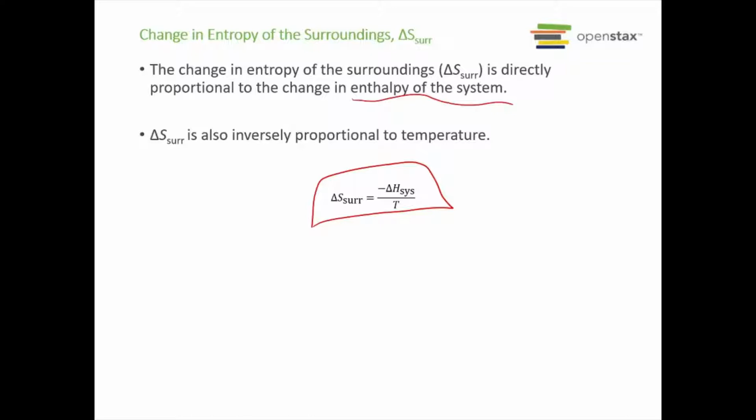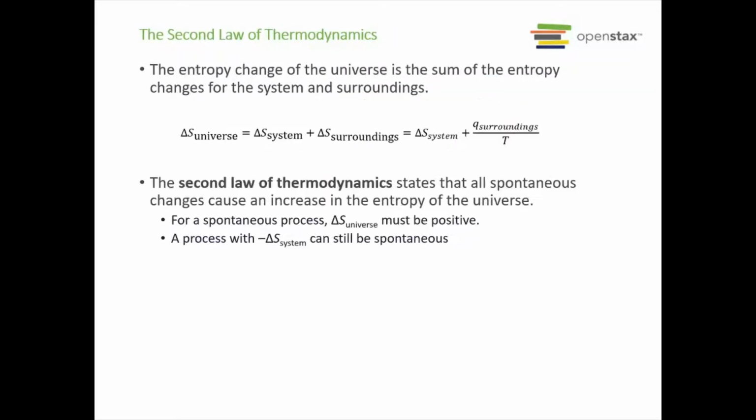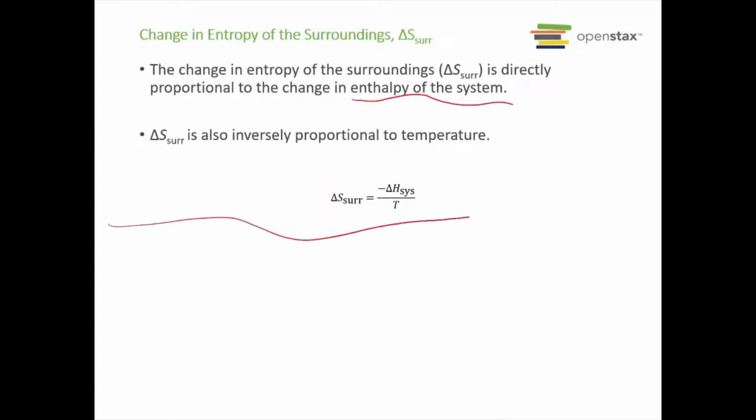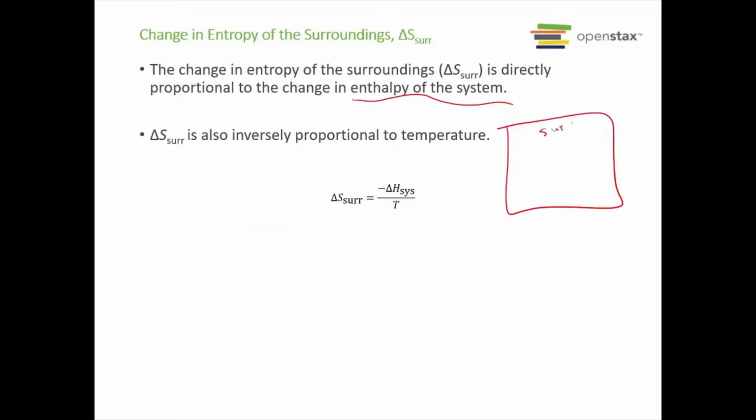Now let's consider a system where we have two objects and we have some heat flowing. We have our surrounding object, and then in it is our system object. And so we have some heat flowing between the two.